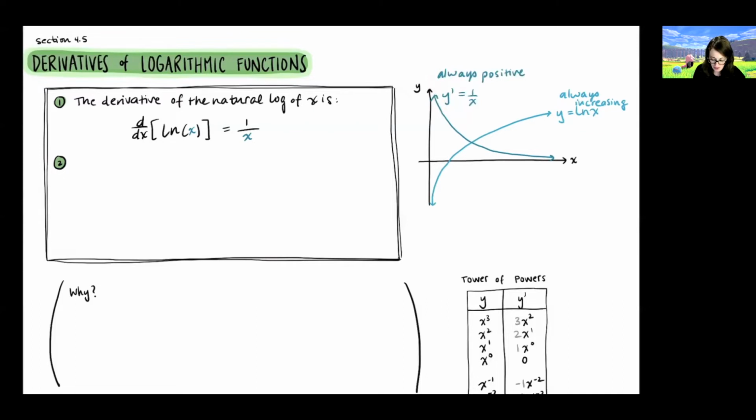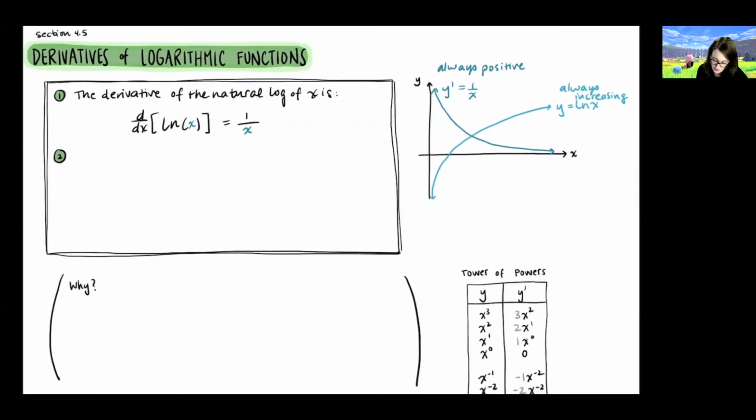As we get closer to x equals 0, this original natural log graph gets very, very steep, and the derivative function goes very, very high up. In the other direction, as you look at the natural log of x going out this way, it starts to get less and less steep. And so we can see that in the graph of the derivative function, it's approaching 0.